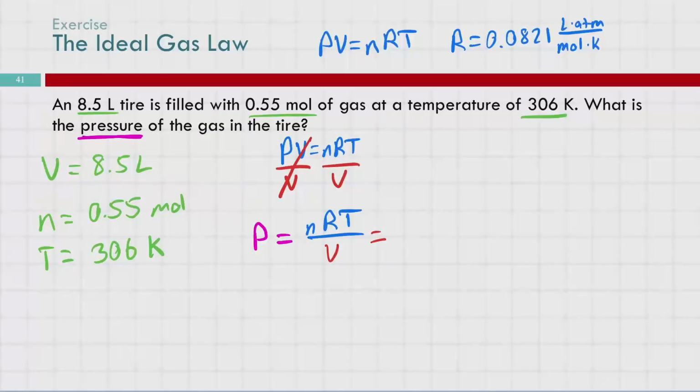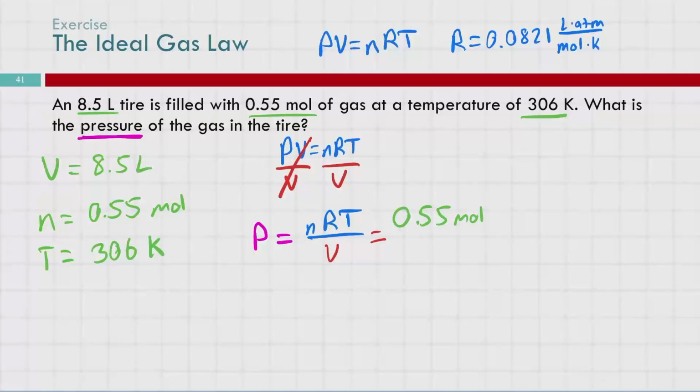We can check our units. We've got liters in our R value, moles in our R value, K in our R value. So all our units look like they'll match up. We can plug and chug, as they say.